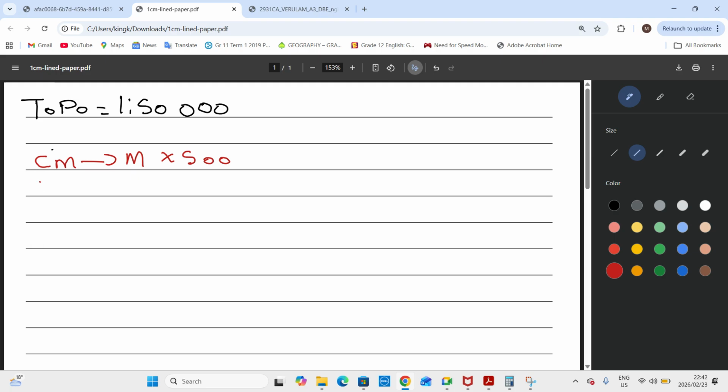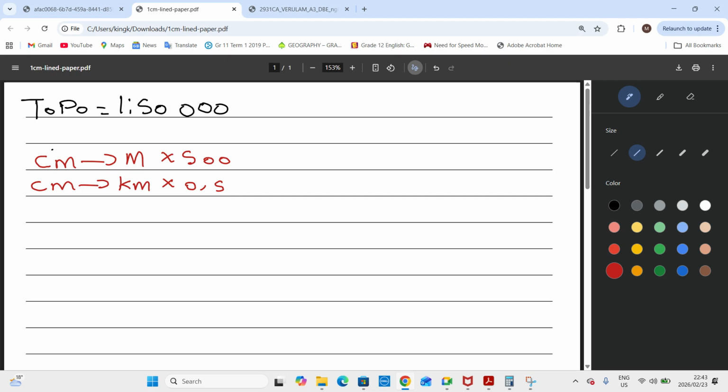And then to convert centimeters to kilometers on a topographic map, you will have to multiply by 0,5. Keep this in mind. You need to know this because this is how we're going to convert our scales from here until the end of time. Okay, now let us make a little example on how this works.